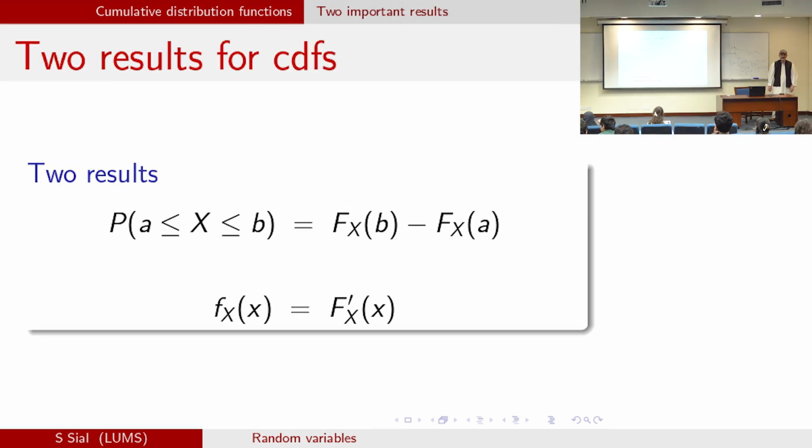Two things that you need to know about CDFs. One is, sometimes you'll be given these random variables in tables.